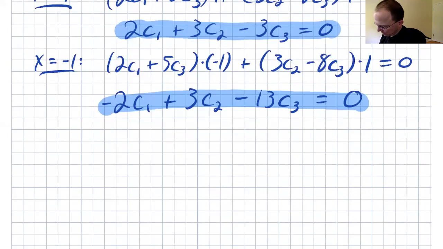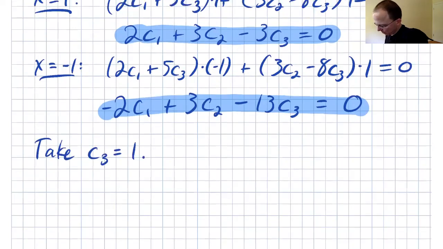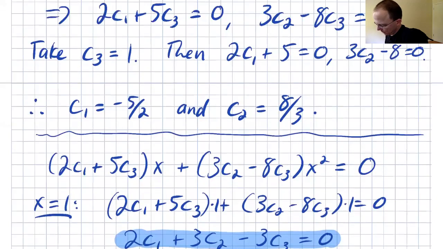So again, let's take C3 to be equal to 1. You could choose any of the variables to be 1 and then solve for the other two, but let's do the same one and see if we get the same answer. So we take C3 to be 1.